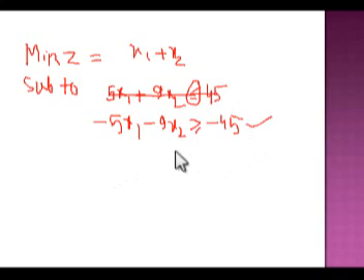Now one more constraint is given, x1 plus x2 greater than or equal to 2, and one more constraint is given, x2 less than or equal to 4.